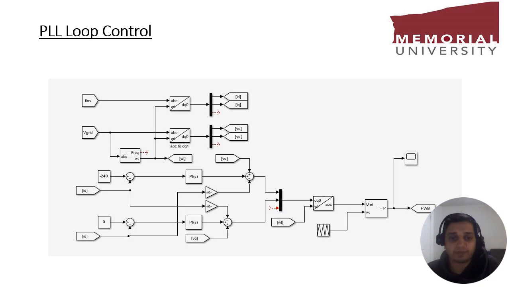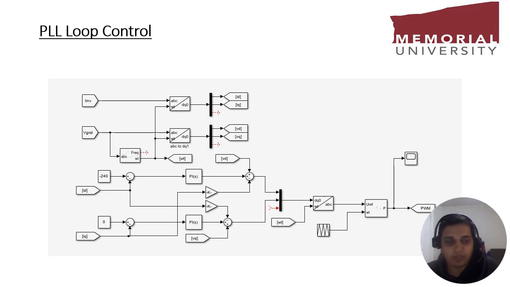So below we can see that the comparison is being made between ID and 240, and then the input is given into the PI controller, and the output is converted from DQ to ABC. The same is for the IQ.